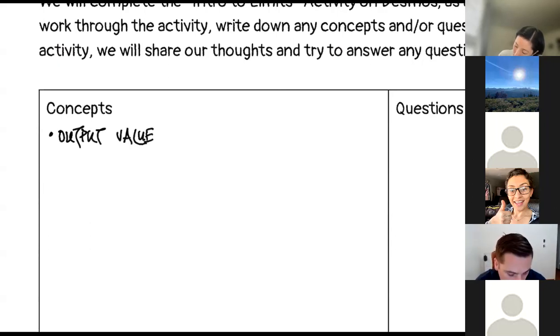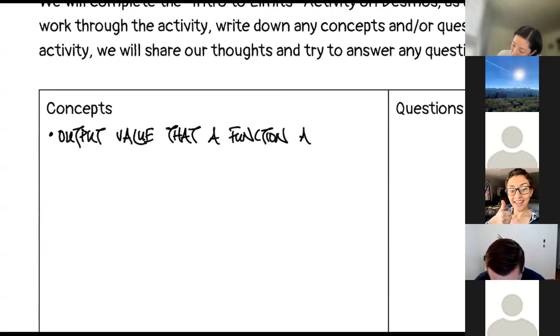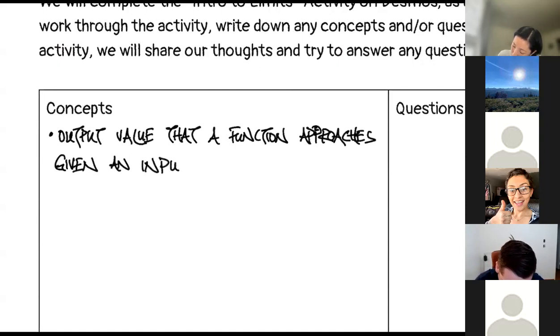Output value that a function approaches given an input value. All right. As a function approaches a certain x value, then what is the y value that it approaches?